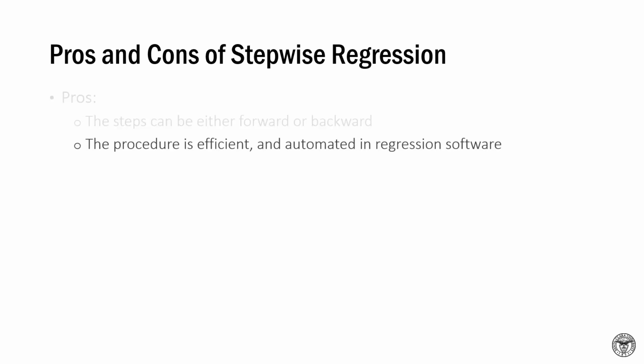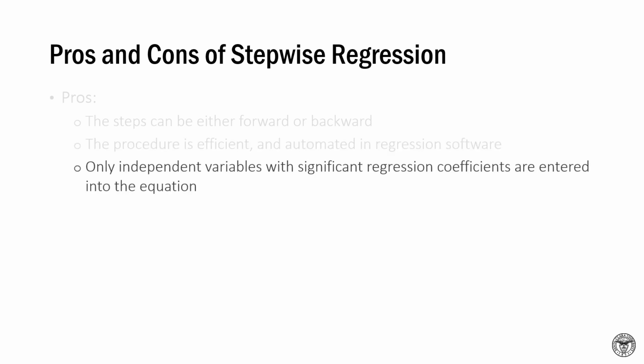Second, the procedure allows for both forward and backward selection, which can be beneficial for exploratory data analysis and hypothesis testing. Third, it can lead to a parsimonious model that only includes the most important independent variables, improving model interpretability.